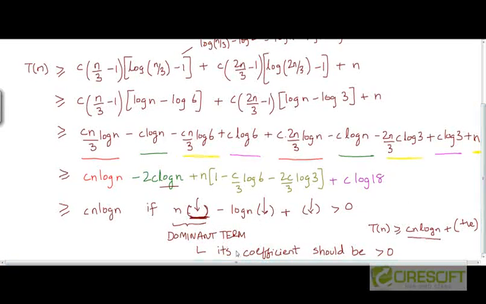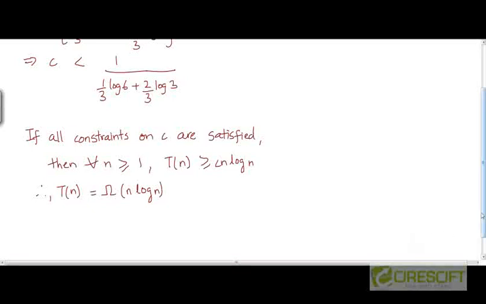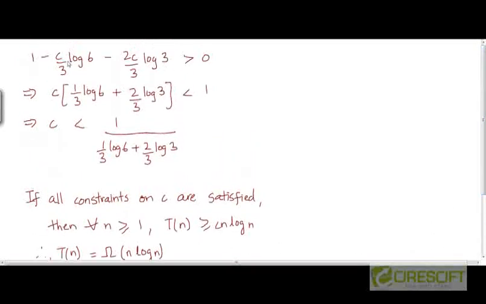So let's enforce that the coefficient of n should be greater than 0. This means that this needs to be greater than 0: 1 minus c by 3 times log 6 minus 2c by 3 times log 3. And when will this be greater than 0?